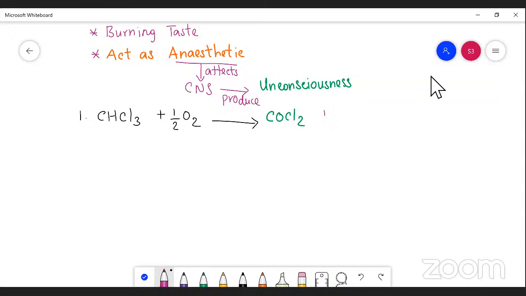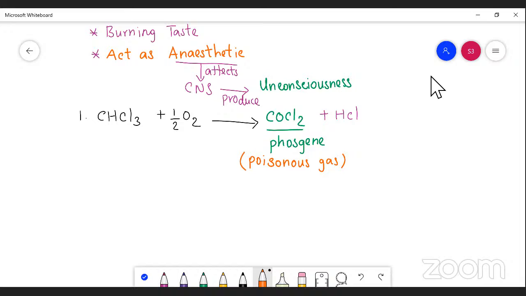So by removal of HCl, we get COCl2, and this COCl2 is nothing but phosgene. And phosgene is a poisonous gas.